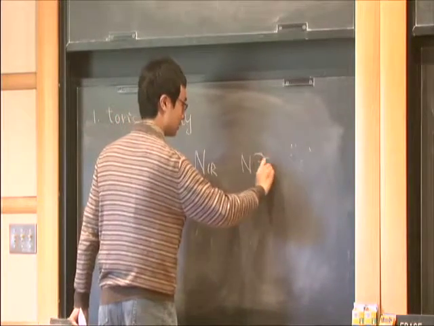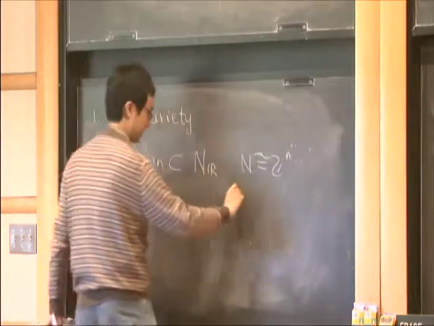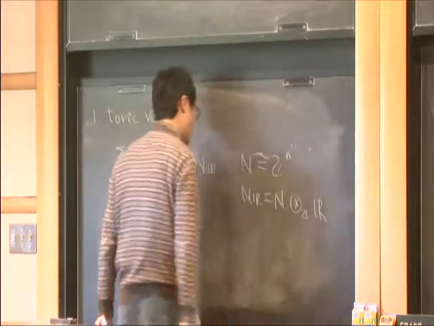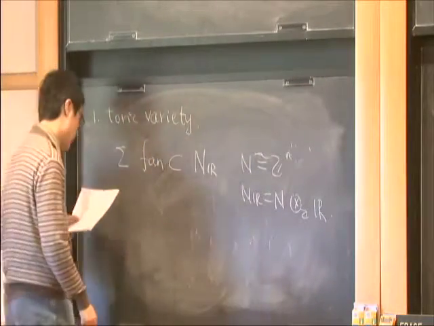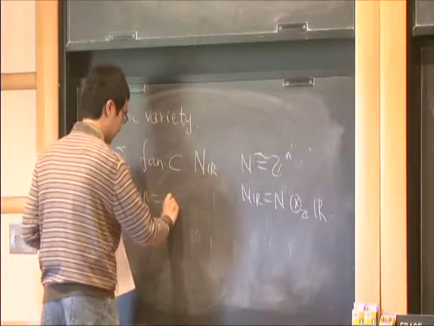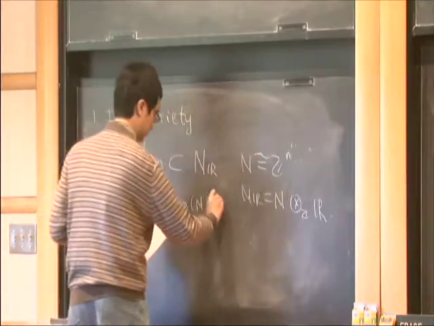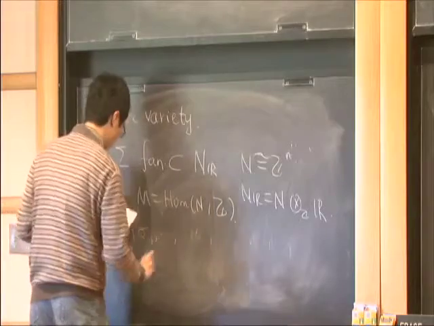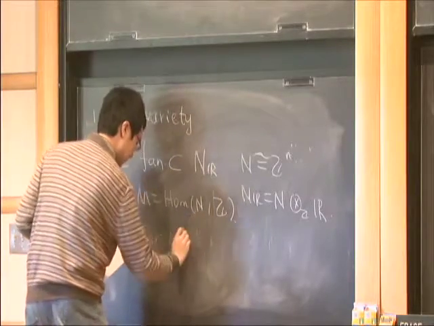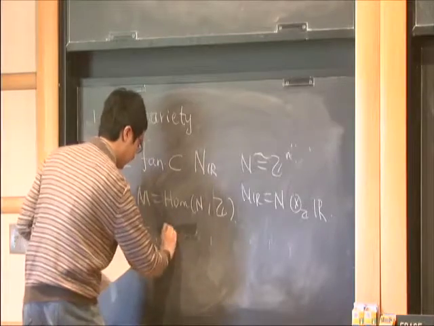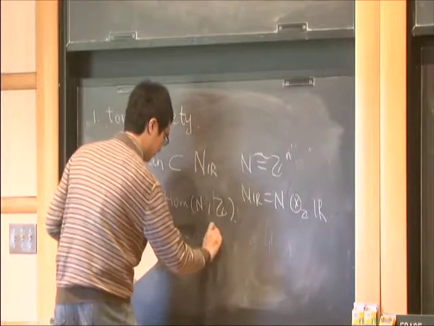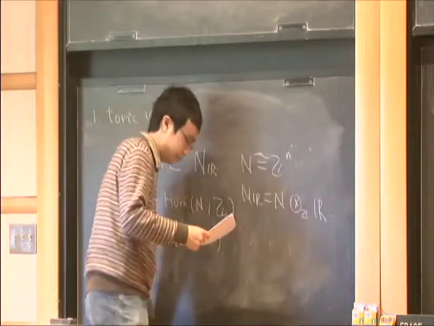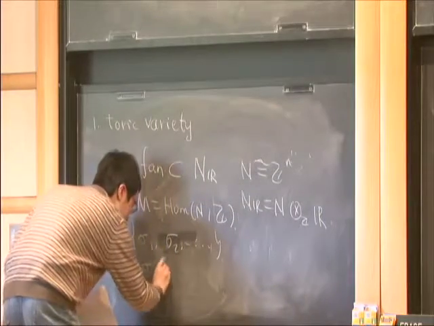N is a lattice, the standard notation, and N_R is an n-dimensional vector space, and this M is the dual of N. Sigma is given by a set of cones, sigma_1, sigma_2, and so on, so sigma_i lies inside N_R.